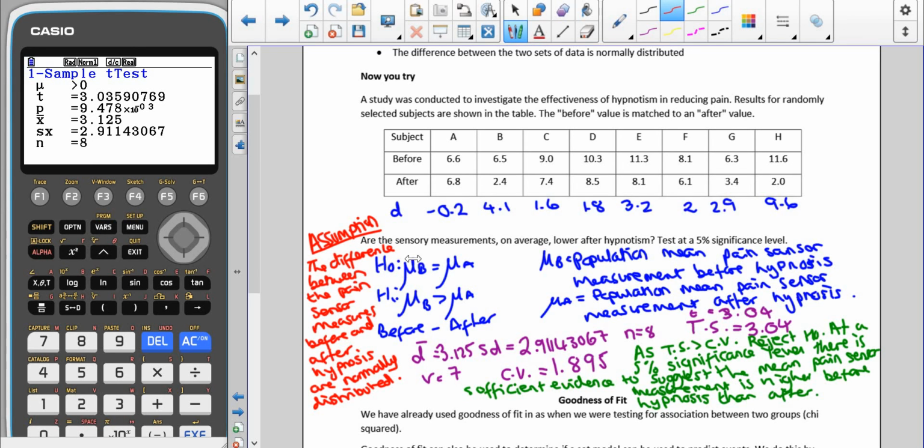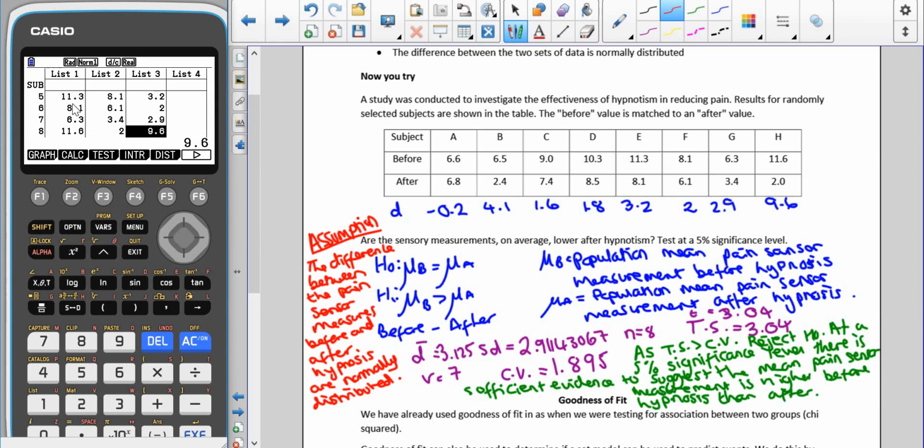So we want H0, mean before equals mean after. H1, mean before is more than mean after, because we're wanting after to be smaller. Where mu B is the population mean pain sensor measurement before hypnosis, and mu A is the population mean pain sensor measurement after hypnosis. So again, I did before minus after.